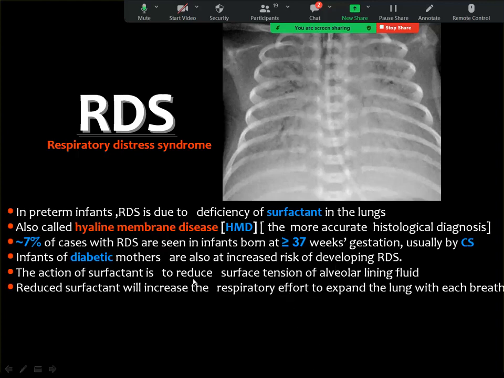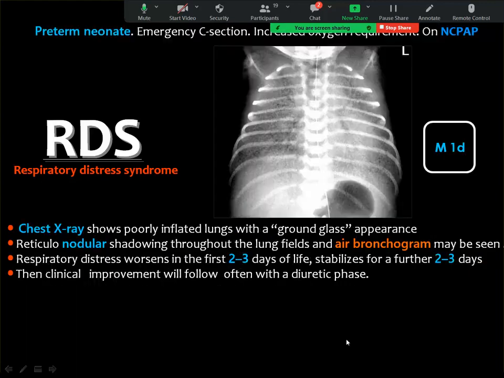the surfactant reduces the surface tension of the alveoli, then its deficiency will result in inability of the alveoli to expand. The chest X-ray will show poorly inflated lung with diffuse ground glass appearance, some reticulonodular opacities, air bronchogram.